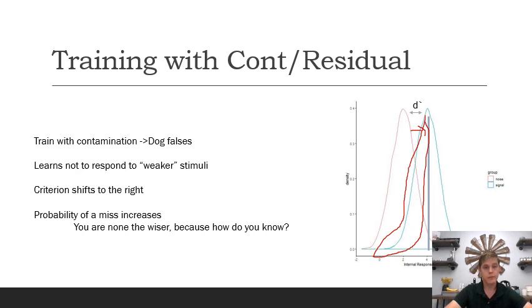So the probability of a miss increases, and interestingly enough, chances are you're none the wiser, because in real world situations, unless it's an explosive or something like that, if it's narcotics, you don't really know if there was a miss, right?